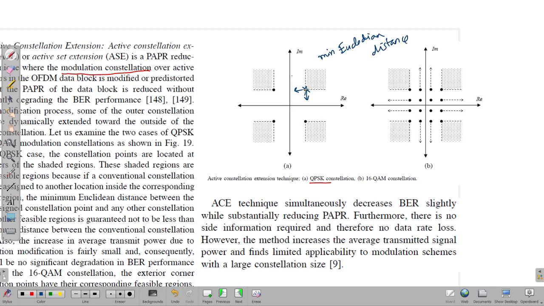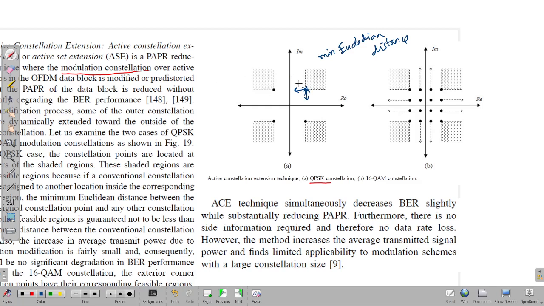If I move this constellation point to this side towards the left or downwards, I am actually reducing the minimum Euclidean distance between the constellation points. And you have learned that bit error rate is a function of the minimum Euclidean distance.